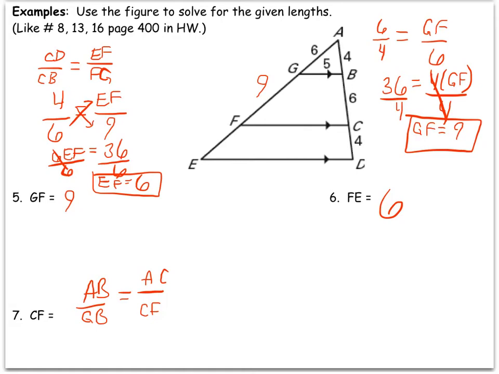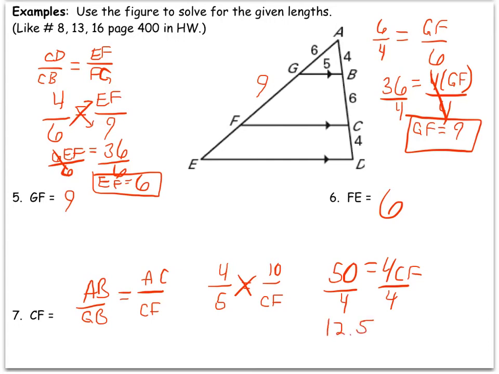So plugging in the numbers that we know, AB is 4, GB is 5, should be equal to AC is 4 plus 6, so that's going to be 10 over CF. Finding the cross product, we've got 50 is equal to 4 times CF. And solving for CF, 50 divided by 4 is 12.5 is my length of CF. Yes, it's okay to get a decimal. Don't freak out.